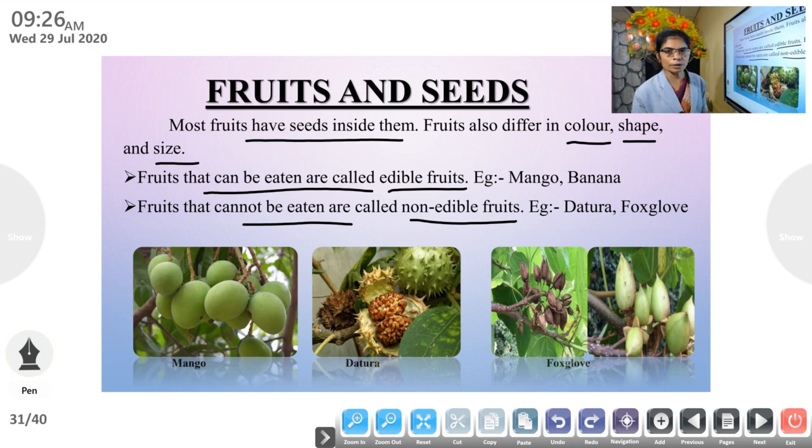Fruits that can be eaten are called edible fruits and fruits that cannot be eaten are called non-edible fruits. Understood? Most fruits have seeds inside them, and they differ in color, shape and size. There are edible and non-edible fruits.